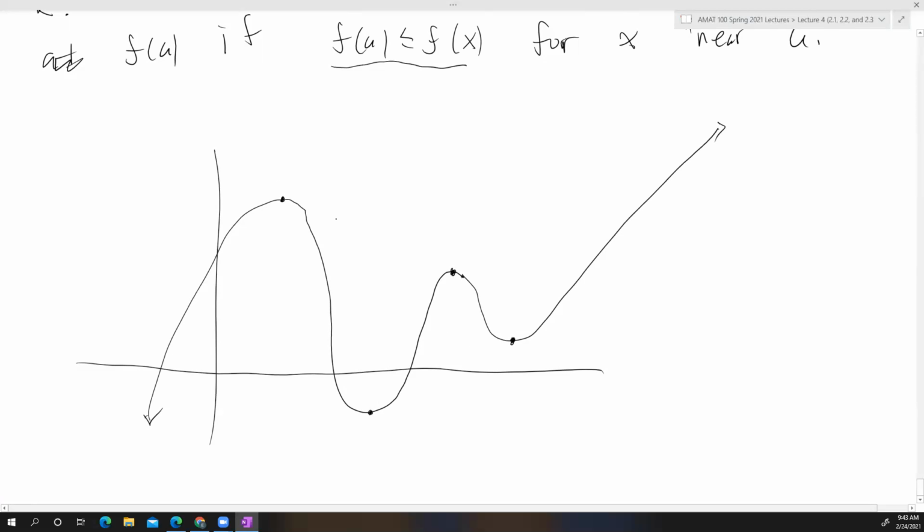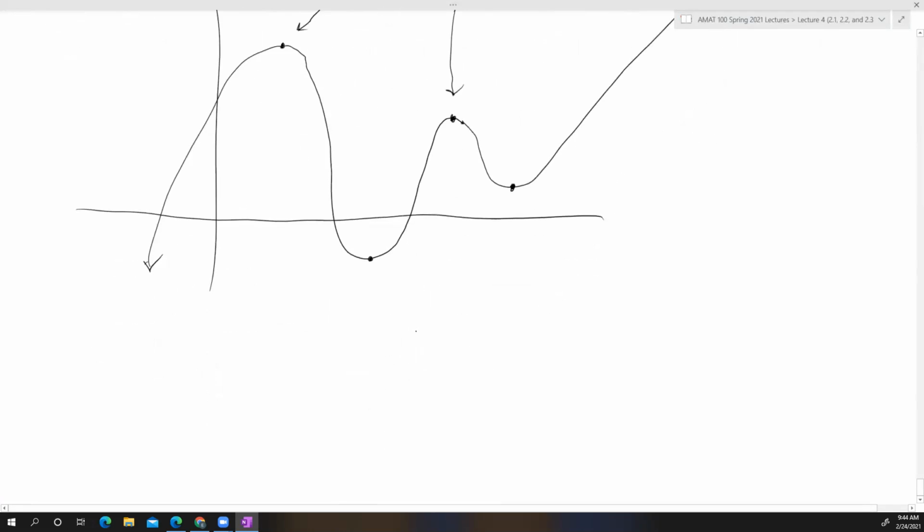And this would be a local max. So these are local maximums. And then these right here, these are local minimums.